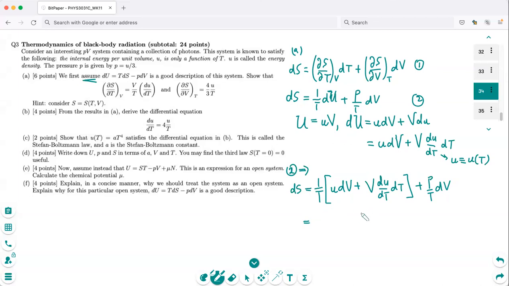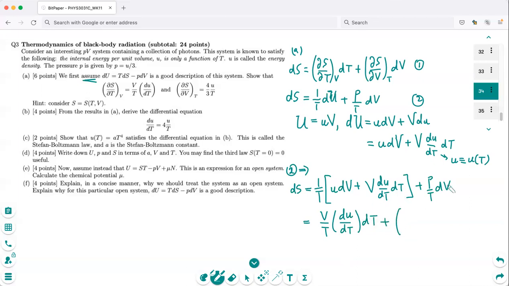Okay, so let's do it. We will have V over T for the term with dT, times du/dT, times dT. Okay, this is the term with dT.